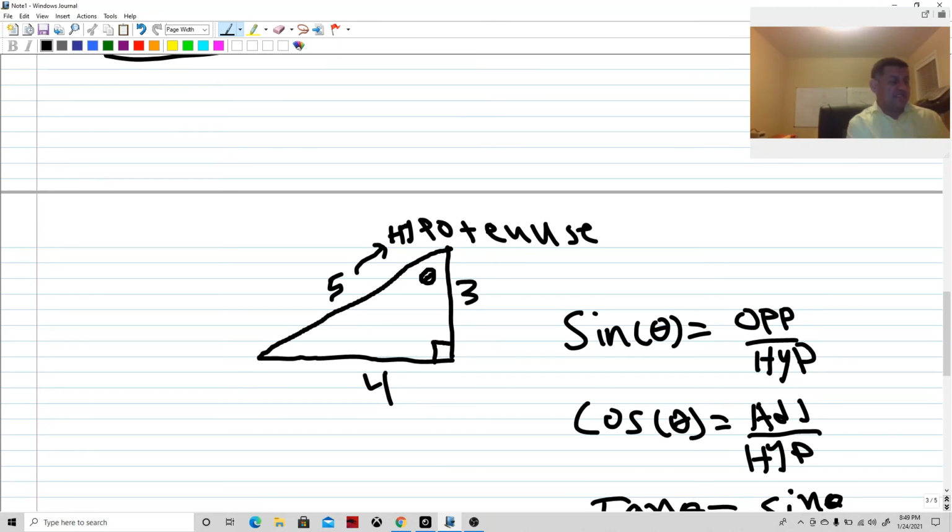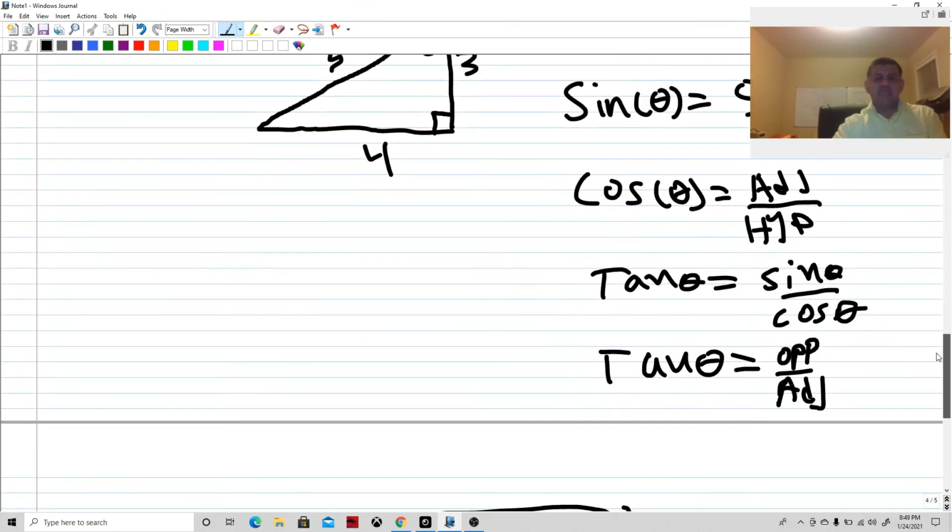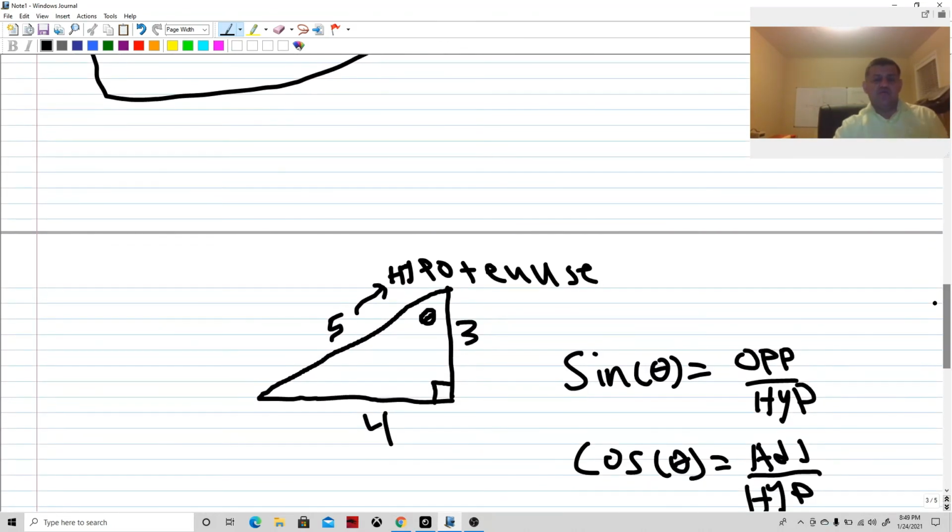But let's say that you want to find the angle. You take the inverse of that value. So it's going to be inverse tangent of 4/3.